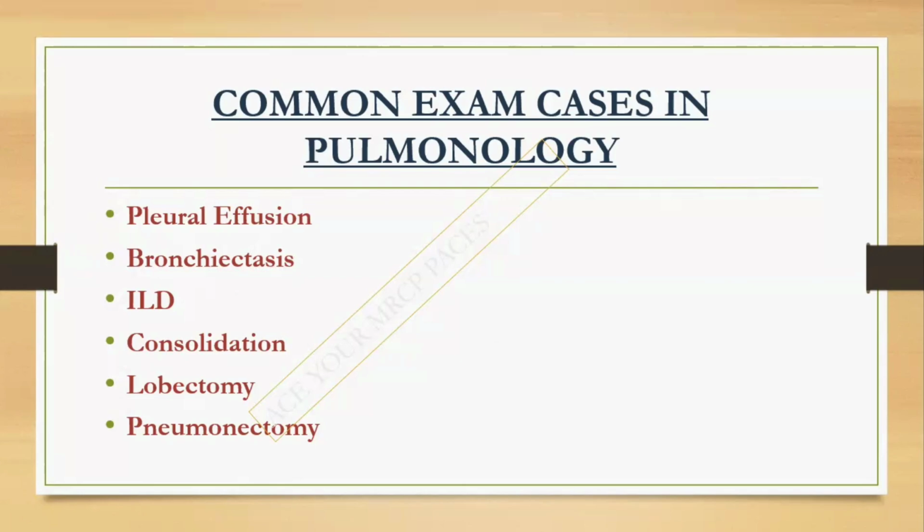Okay, and then you will come towards the specific treatment according to the cause. Whatever the cause, whether it is pleural effusion, then treatment according to the cause of pleural effusion. Bronchiectasis, there are certain pharmacological treatments. Then interstitial lung disease, all of us know antifibrotic therapy, corticosteroids, immunosuppressive therapy. You should tell the names.